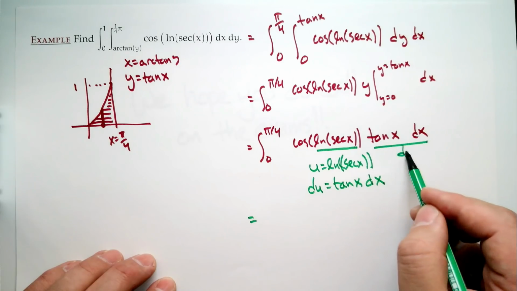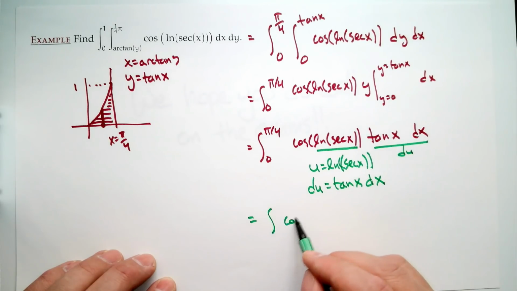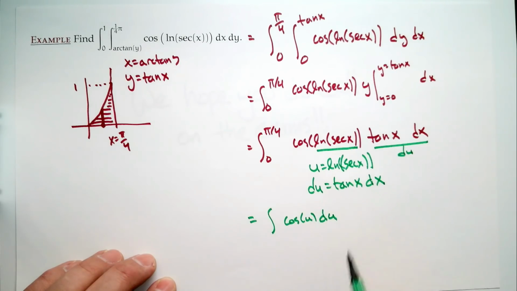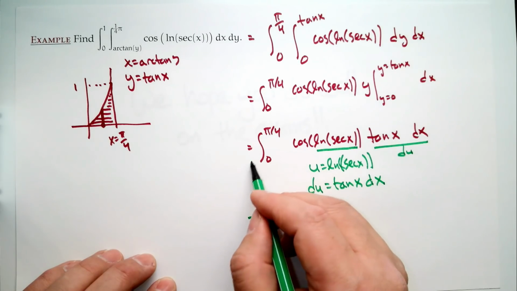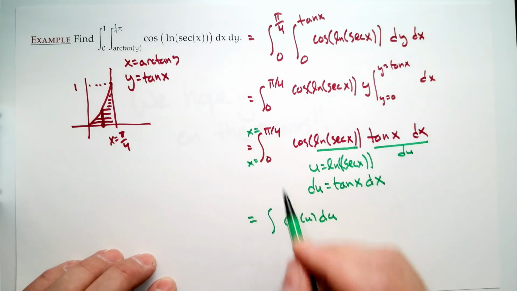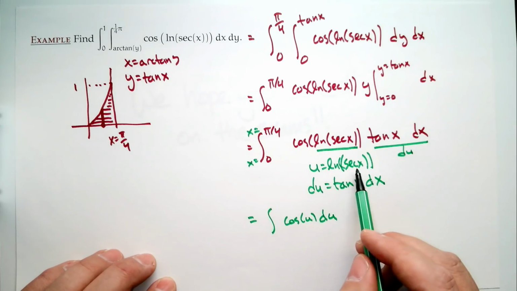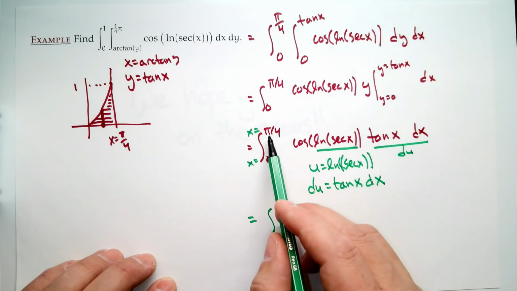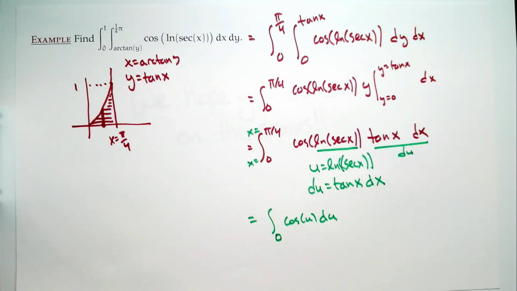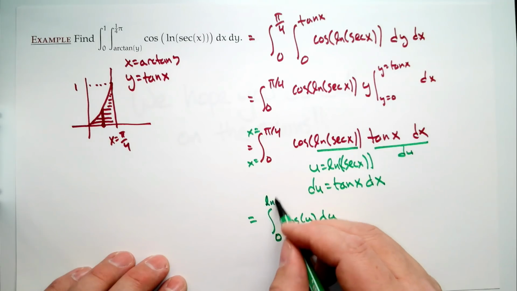So there's our du. So this becomes the integral of cosine of u du. Plug in your bounds, because you have to update your bounds. Remember, these are x bounds, and we want to go to u bounds. So at x equals 0, secant of 0 is 1. So log of 1 is 0. At pi fourths, secant of pi fourths, do you remember? Square root of 2. So log of square root of 2.